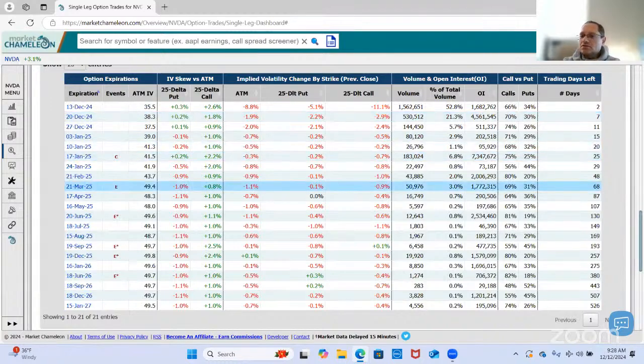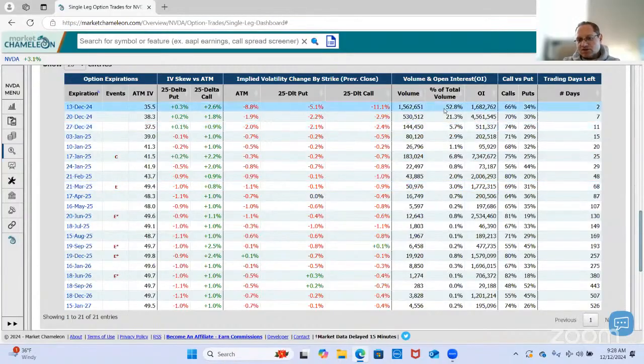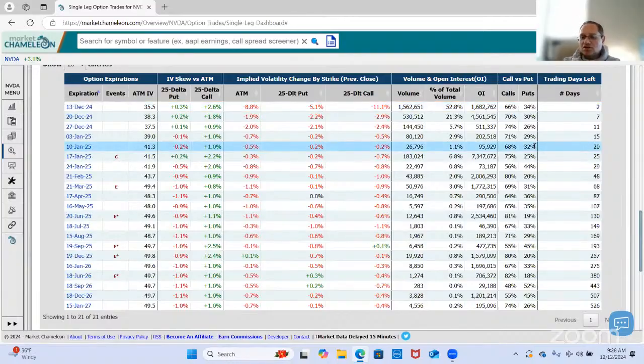Another breakdown is if you're looking at a specific expiration, let's say December 13th, and we wanted to see the call versus put breakdown, we could see 66% of the volume was in the calls, 34% in puts. Then we know what's going on within that expiration when we look at which contracts the traders are preferring to trade.